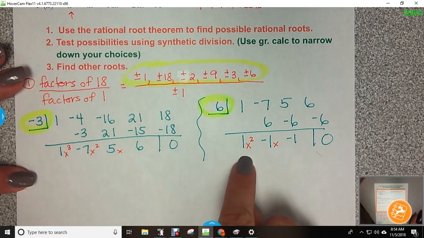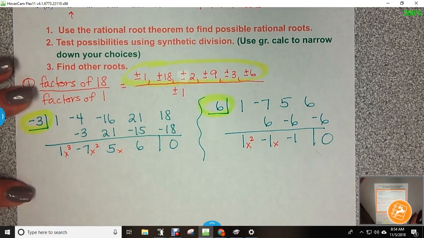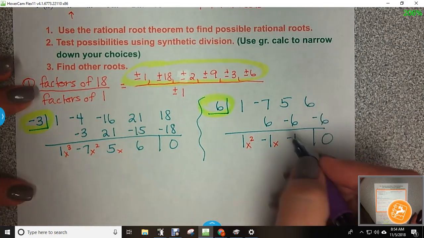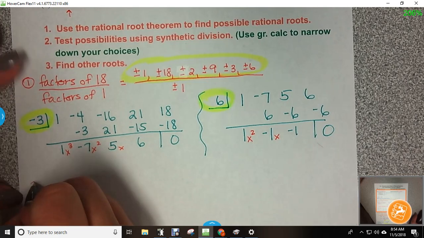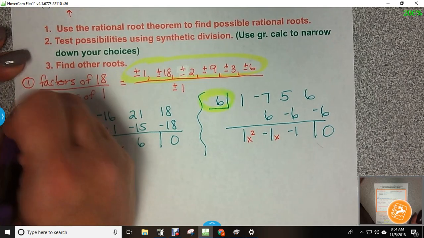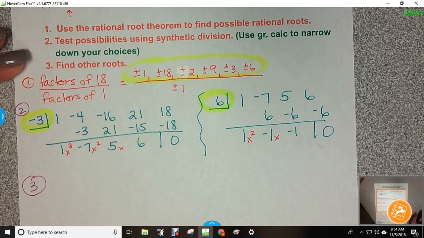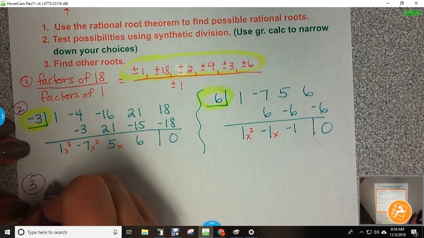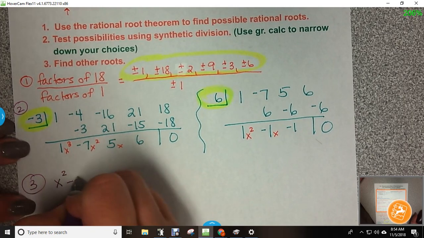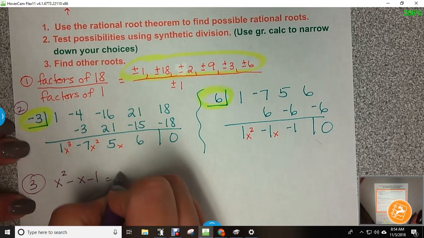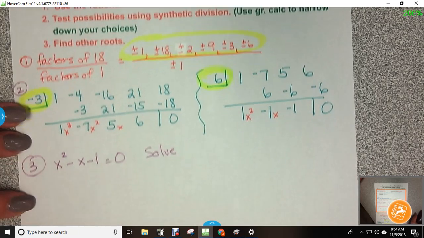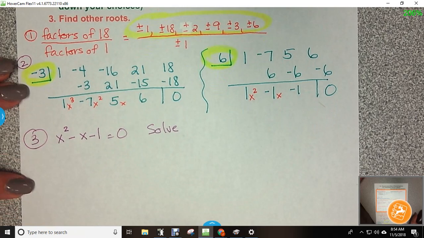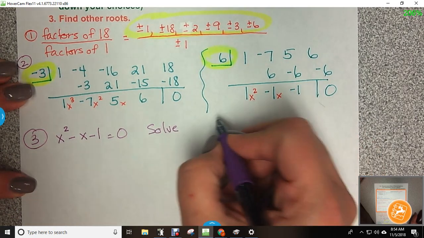Once we are down to a quadratic equation, I can go to step 3, okay, and I skipped right in step 2. This was step 2 where I tested the possibilities with synthetic division. So step 3, I'm going to take x squared minus x minus 1 equals 0, and I'm going to solve by factoring if it's factorable, or completing the square, or using the quadratic formula. So I'm going to do the quadratic formula for this.